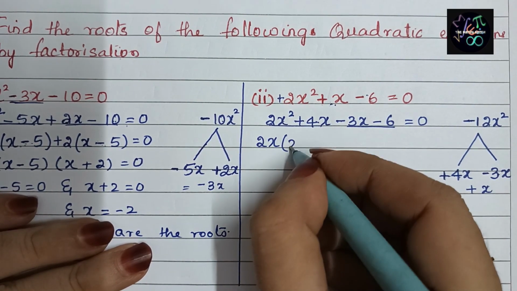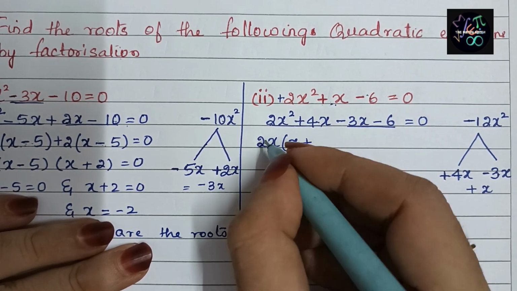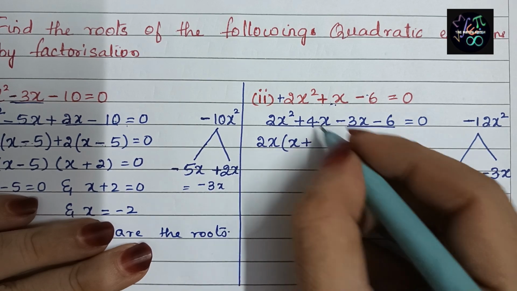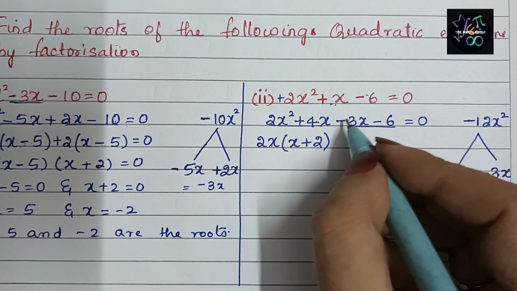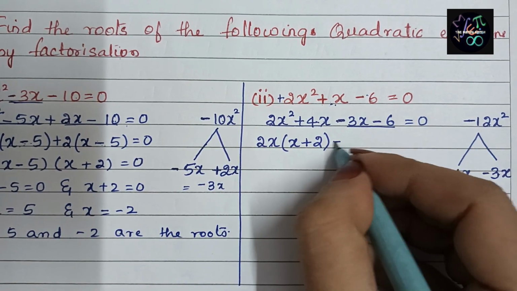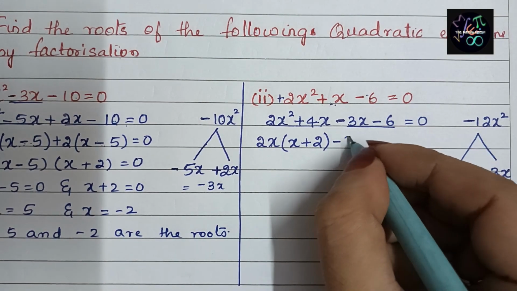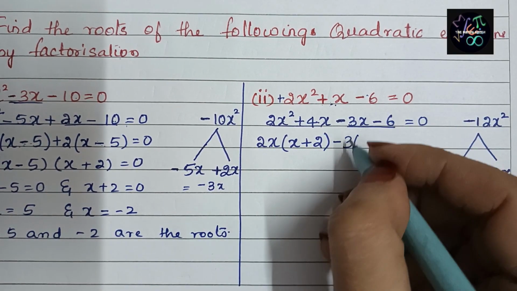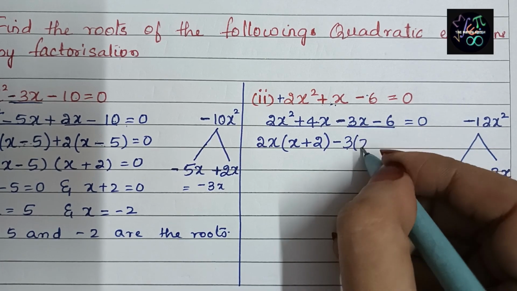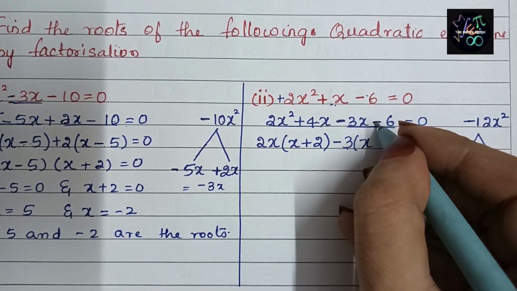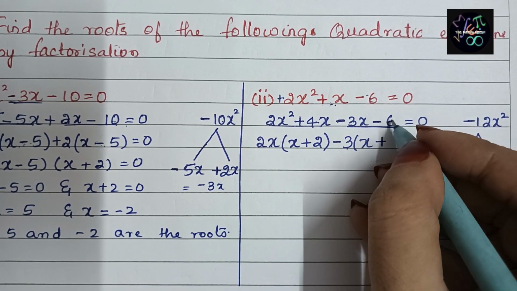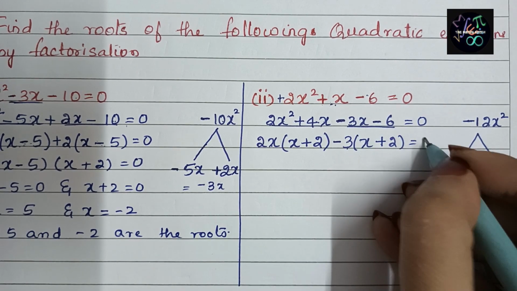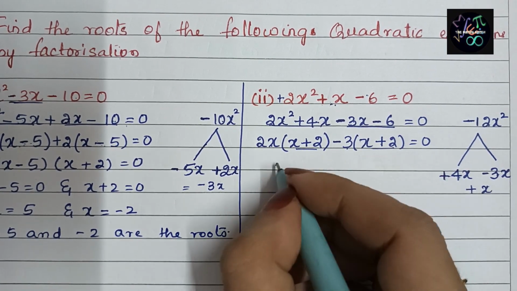What remains? 1x remains. Plus sign as it is. x already taken common, 2 2s are 4. Now I can see a minus sign, so minus common I'll take, and 3 I'll take common. Why? Because 6 comes in the 3 table. Minus 3 I have taken common, so x remains. Minus I have taken common, so minus becomes plus. 3 how many is 6? 3 2s are 6. Common bracket x plus 2.